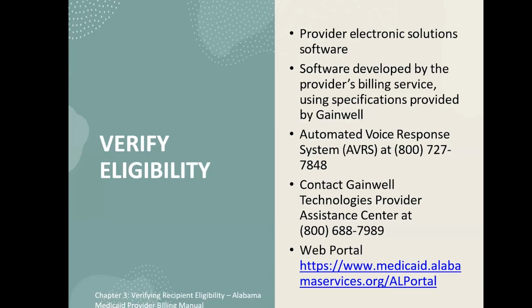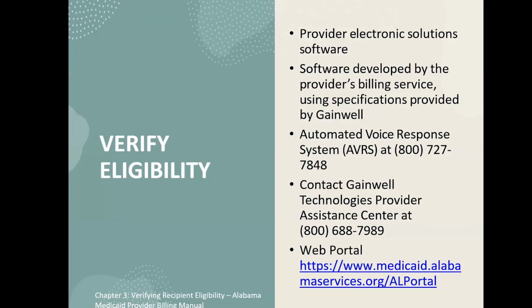Providers may use various resources to verify recipient eligibility: provider electronic solution software, software developed by the provider's billing service using specifications provided by Gainwell, the automated voice response system, AVRS, at 1-800-727-7848, by contacting the Gainwell Provider Assistance Center at 1-800-688-7989, or by using the web portal at the website listed below.